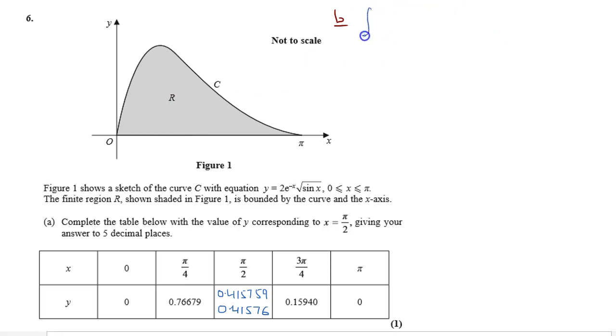So trapezium rule: integral y dx will be half h, from 0 to pi. h is pi over 4 minus 0, so that is pi over 4, multiply, the extreme values are 0 plus 0, so it is 2.76679 plus 0.41576 plus 0.15940.